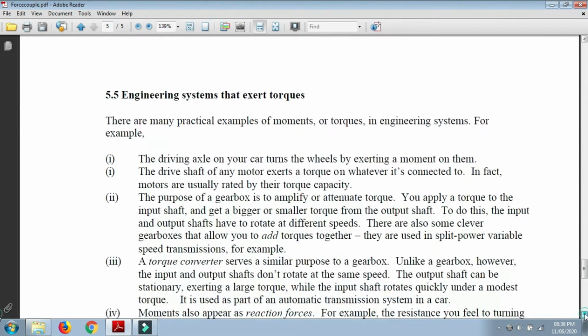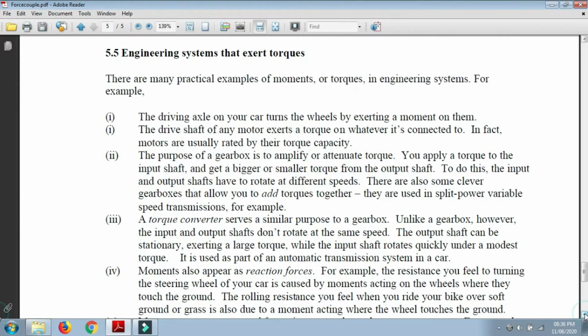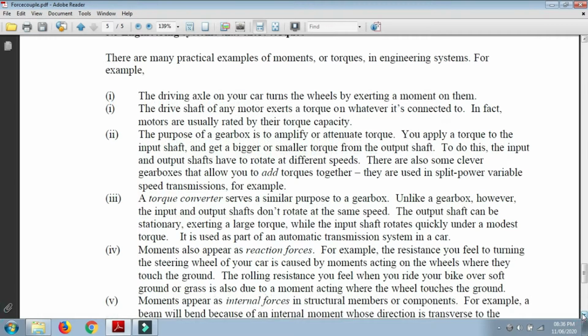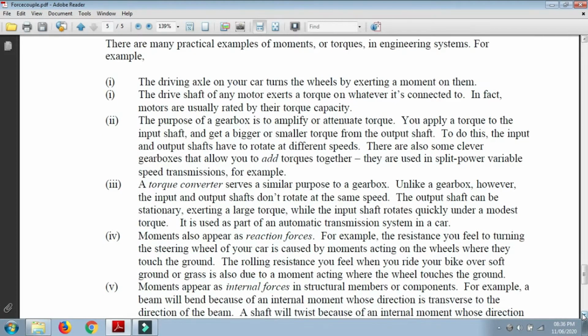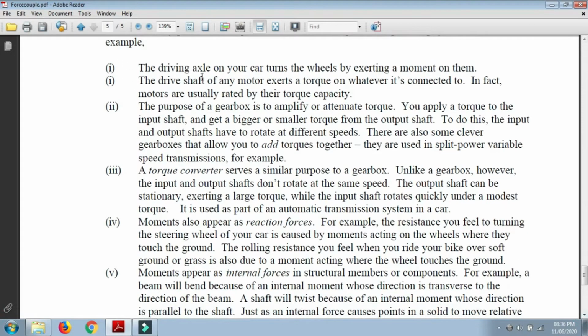Then we go to a very important slide: engineering systems that exert torques. There are many practical examples of moments or torques in engineering systems. So just read one by one. I can ask you in your exam in a different way, in your quiz, in your MCQ. The driving axle on your car turns the wheel by exerting a moment on them.